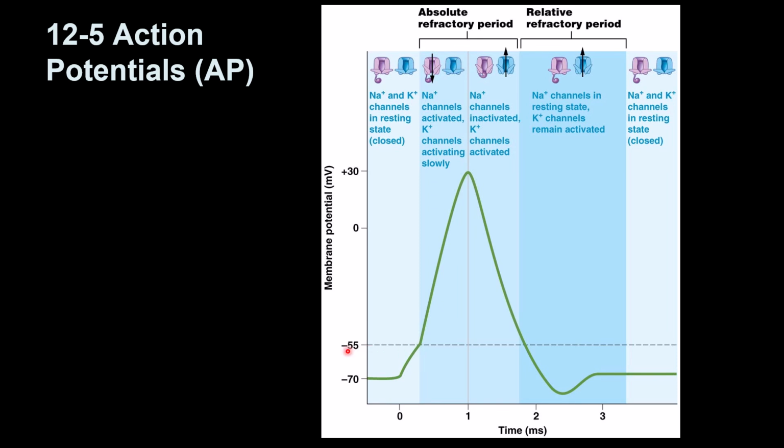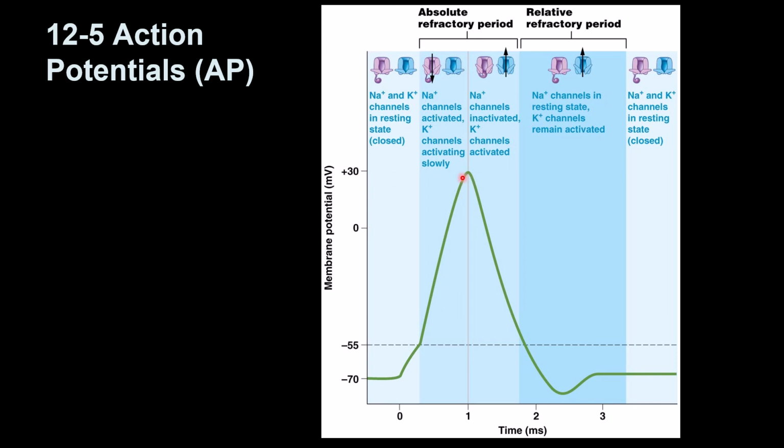Negative 60, negative 55, negative 40, depends on the location. It goes above this, and that will cause a depolarization. Here, the sodium activation gate is open, so more sodium enters the cell. From negative 70, it goes all the way to positive 30.